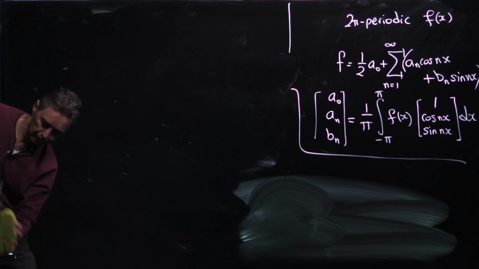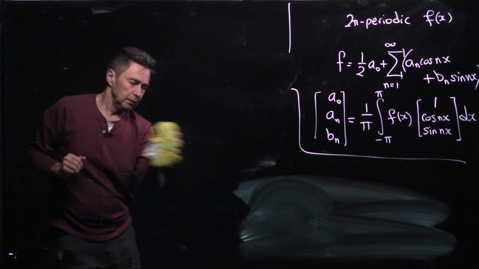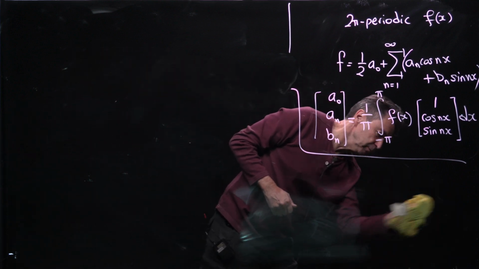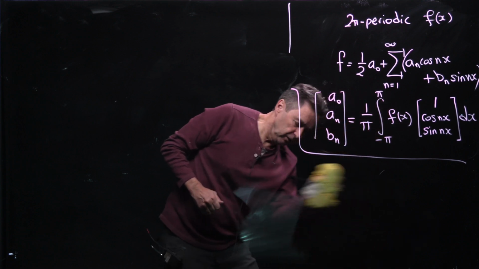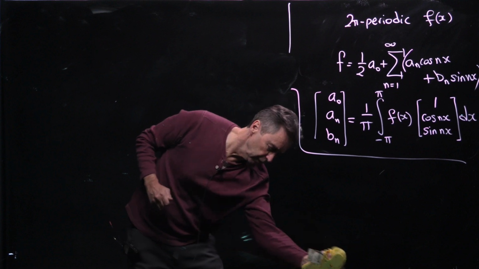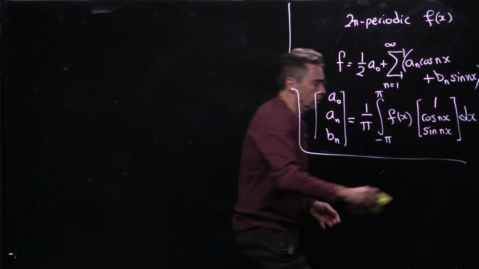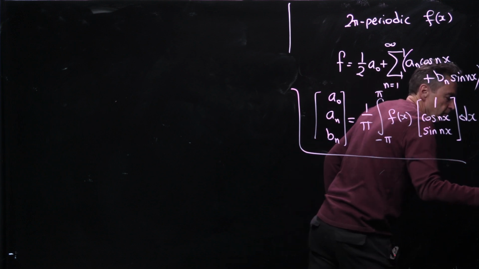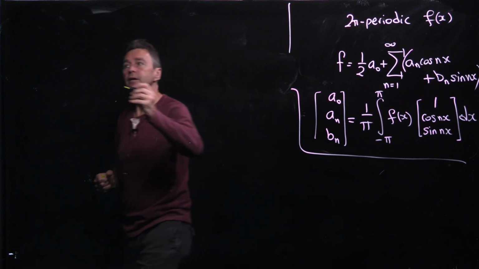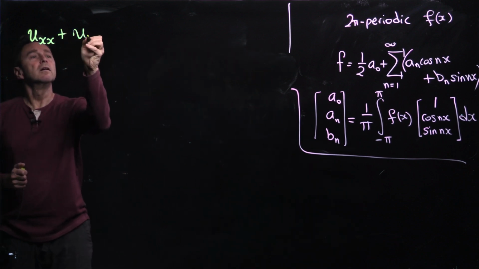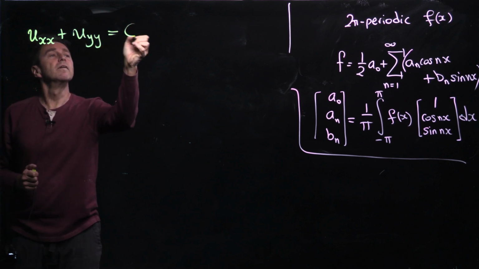So, Laplace's equation, that's something that comes up when you're looking at field problems, field-type problems, electrostatic or gravitational or something like that. In 2D, I'm looking for this equation, right?